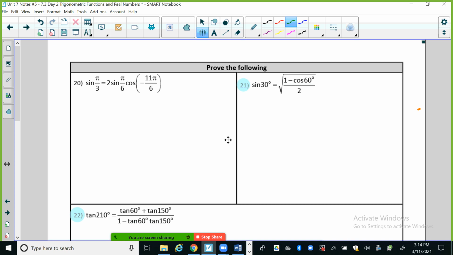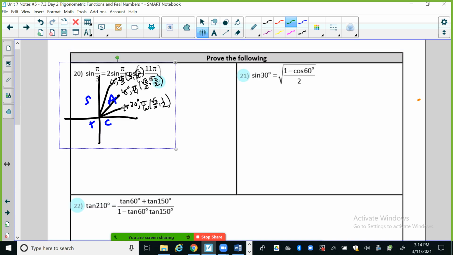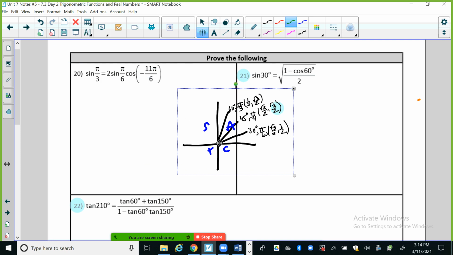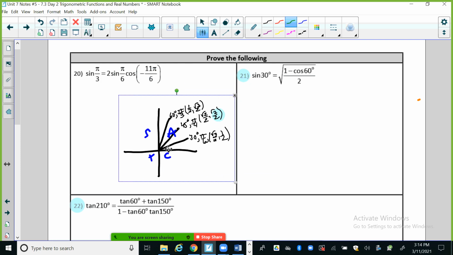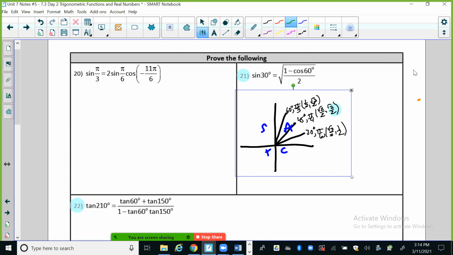All right. Last couple problems are pretty much the same thing, but you're just verifying that the right side equals the left side. So looking at example 20, our left-hand side, I like to just kind of separate the two sides like that. Our left-hand side is the sine of pi over 3. So sine of pi over 3 is square root 3 over 2.